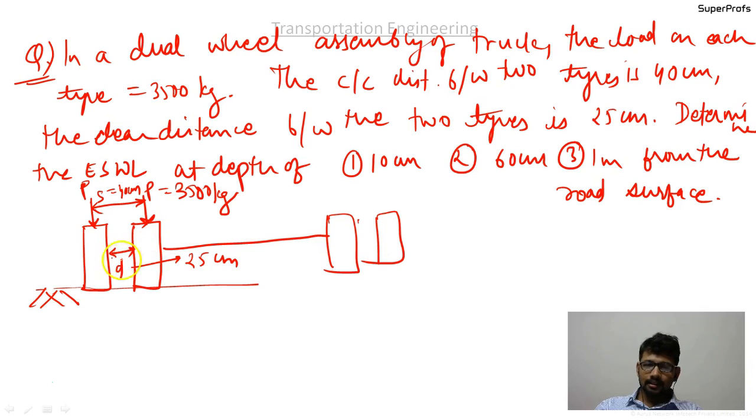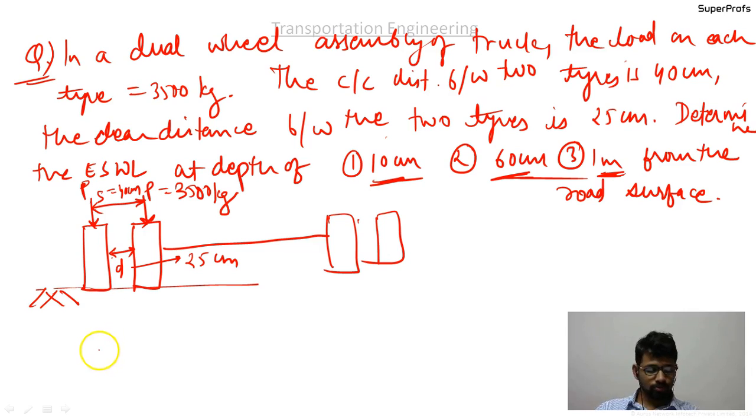So they are asking, there are two wheels, what will be the equivalent single wheel load for these two wheels. So convert this particular load case into the equivalent single wheel load at depths of 10 centimeters, 60 centimeters and 1 meter from the road surface, and that is your duty to try out on your own.